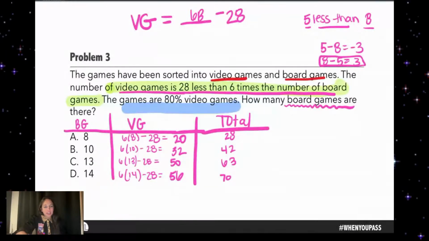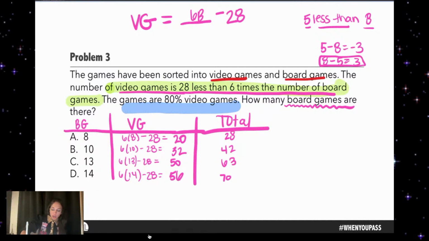And so if I'm going to figure that piece out, then I need to know what my total is so I know what my part of my total is, right? And so the games are 80% of the video games. No, the games are 80% video games.